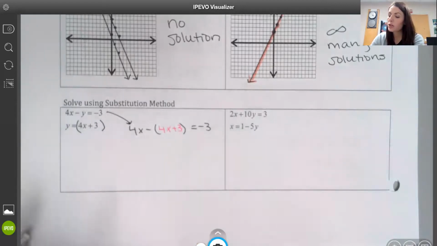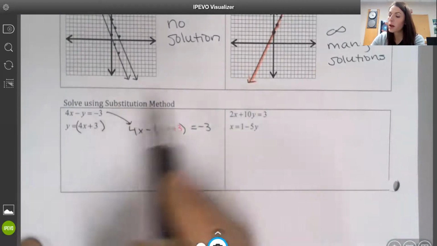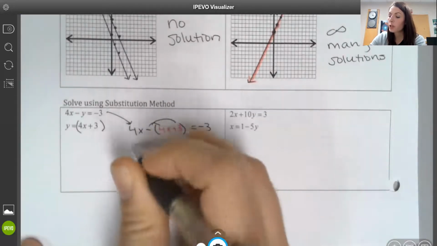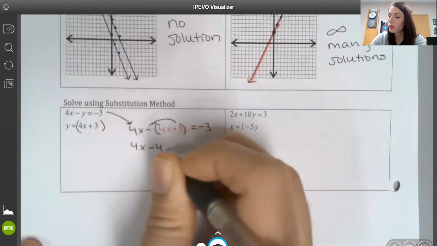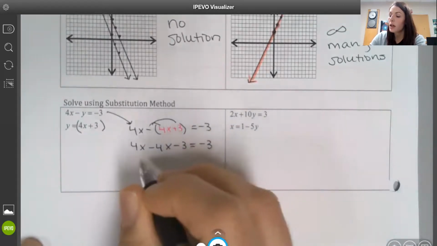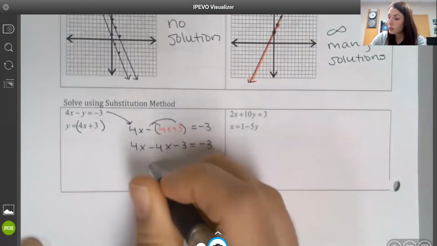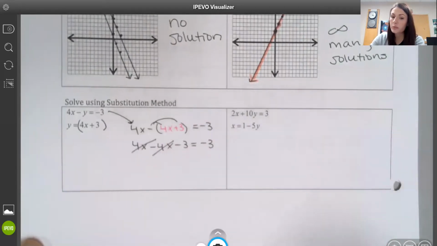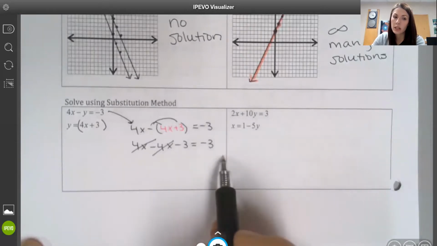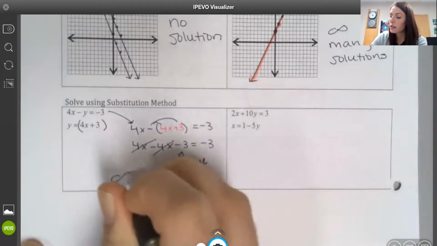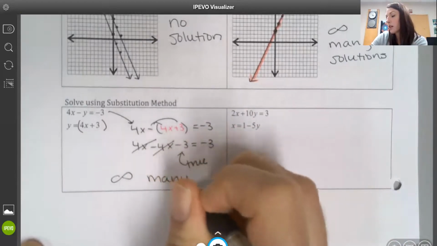Now this one's a little tricky to set up when it's just negative y here, because I need to make sure that I distribute that negative 1 through when I'm solving by substitution. And then this gives me 4x, and negative 4x is just going to cancel out. And it gives me negative 3 equals negative 3. And that's a true statement, right? This is infinitely many solutions.